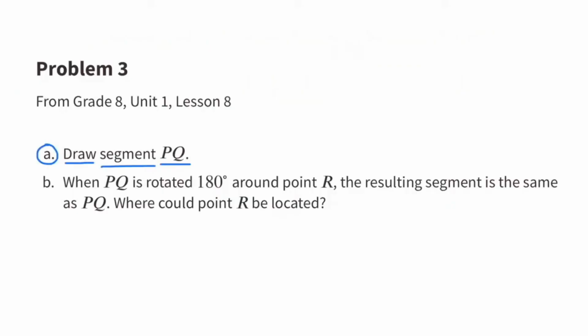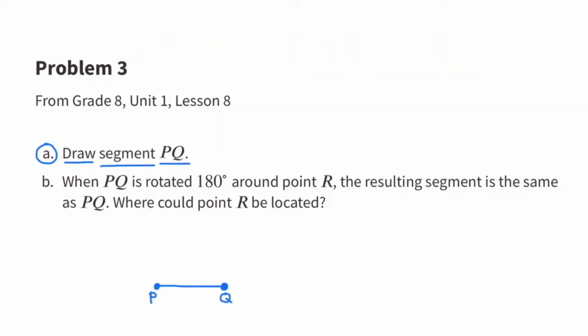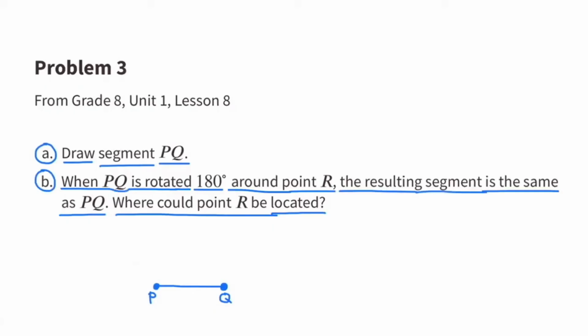Number 3. A. Draw segment PQ. I drew a line segment and labeled it PQ. B. When PQ is rotated 180 degrees around point R, the resulting segment is the same as PQ.